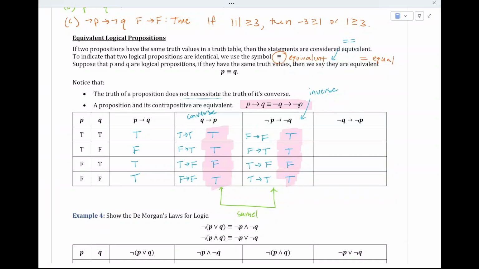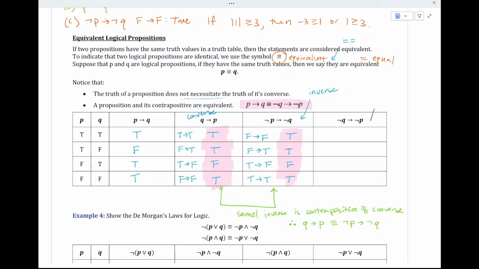And actually the inverse is the contrapositive of the converse. So therefore, Q implies P is equivalent to not P implies not Q. That's kind of cool.